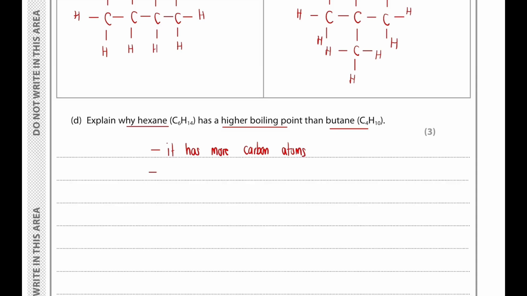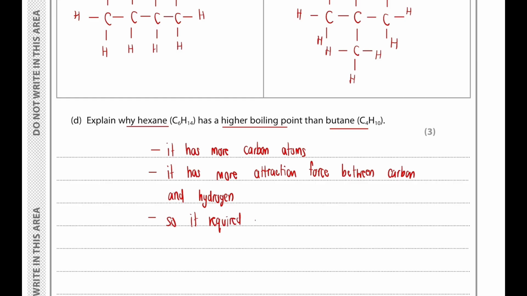Second is it has more attraction force between carbon and hydrogen. So it requires more energy. That's it.